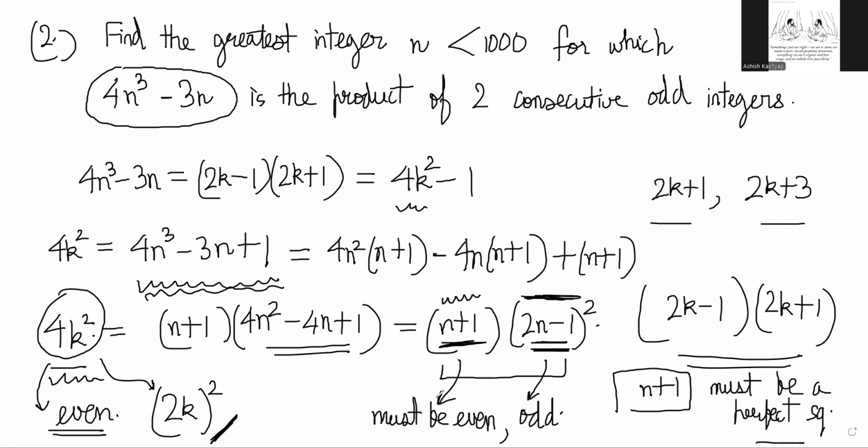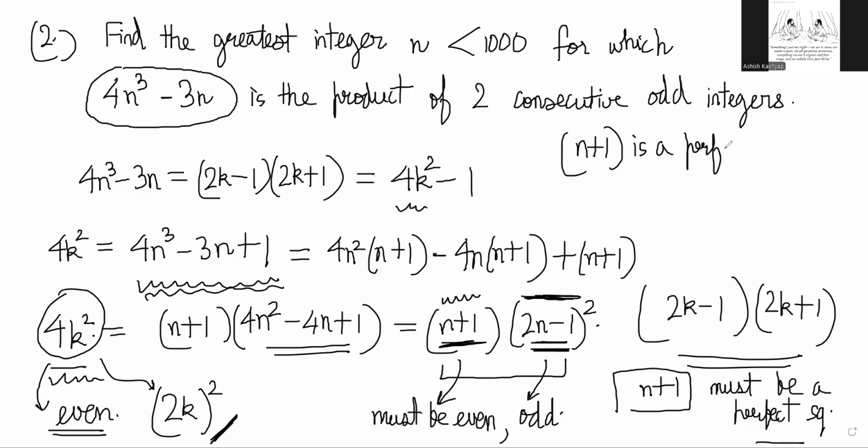So now we will just think about it. n plus 1 is a perfect square and is even. Which means we have to look for the largest perfect square less than 1000 which is also even, right? So 30 square is 900.